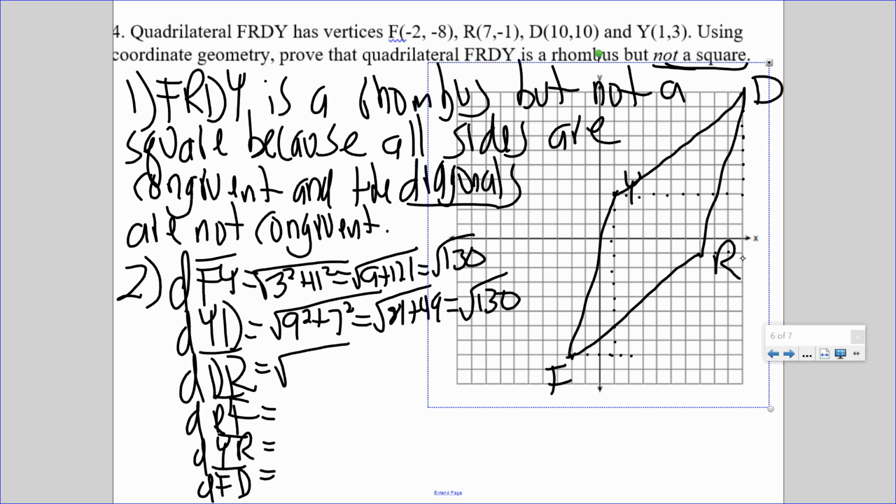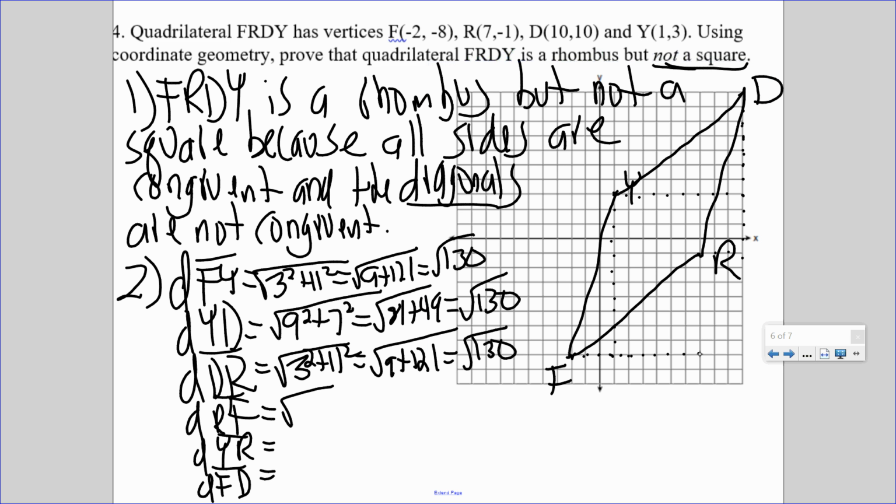DR, 3 and 11. RF, 9 and 7. Radical 130. So that's me showing that all the sides are congruent.